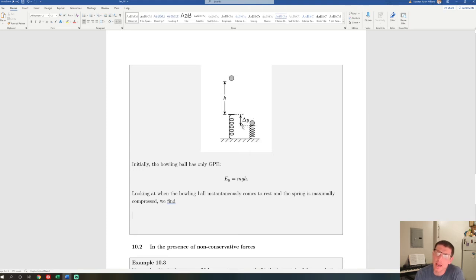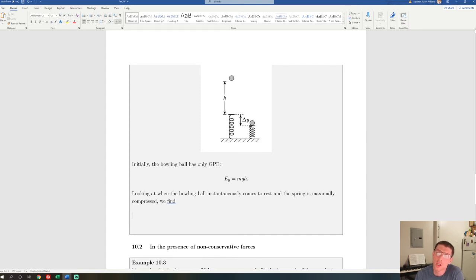It goes down delta y. When the spring is maximally compressed, the kinetic energy of the bowling ball instantaneously goes to zero. What would happen in real life is it would compress a certain amount and then shoot back up. So the bowling ball is initially falling down, and then after the spring has reached its maximal compression, it's going to launch the bowling ball back up.